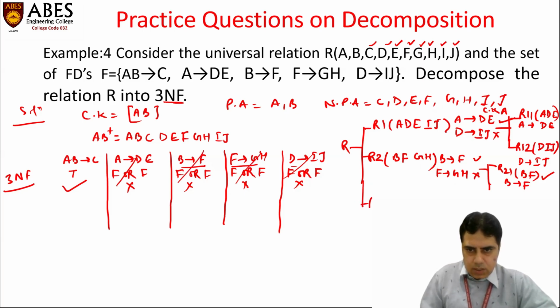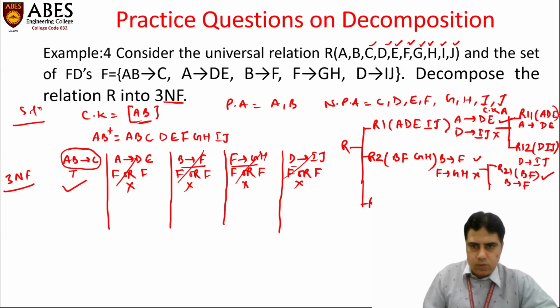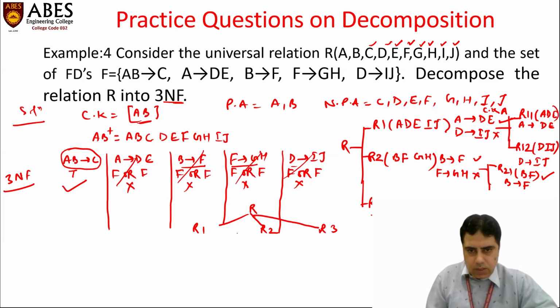Now in the last, there is R3, ABC. This is for the candidate key. So AB is the candidate key and ABC is the super key. We will include these ABC attributes in the relation R3. So the decomposition of R is into R1, R2, and R3.